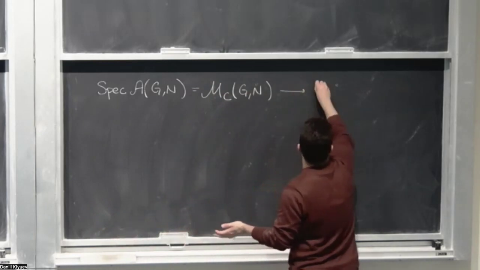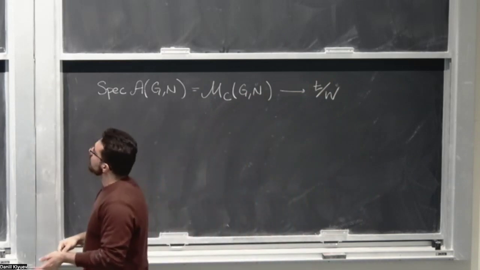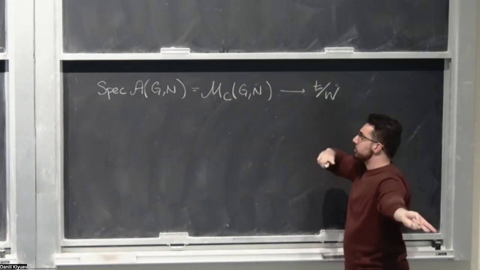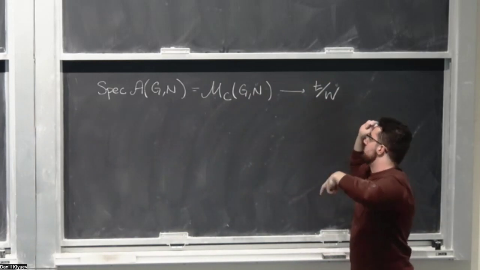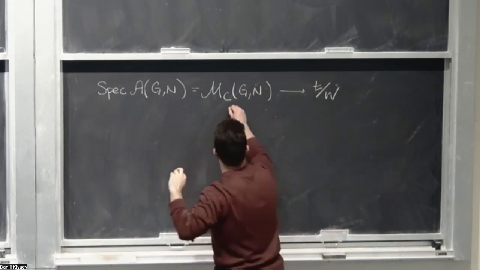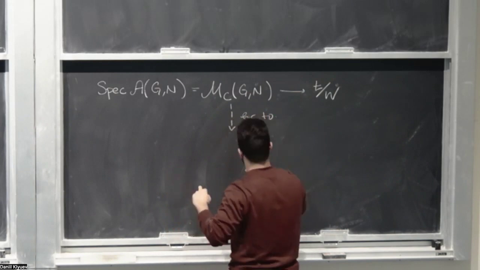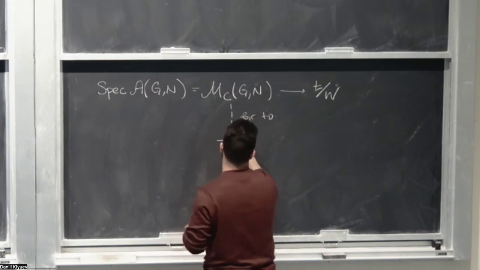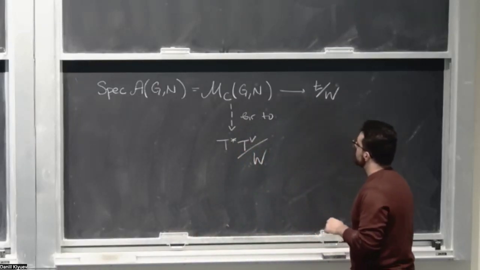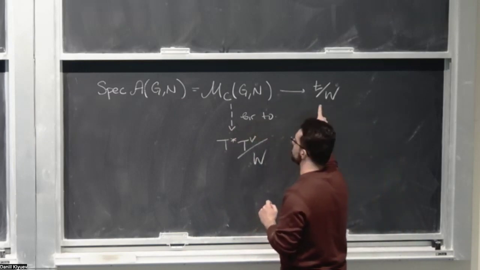This is an integrable system over t over W. And by the stuff we did, where you pass to T0 and the algebra is isomorphic to the abelian one with W invariants, you can conclude that this is birational to the cotangent bundle of the dual of the maximal torus mod W. The birational isomorphism happens over T0.